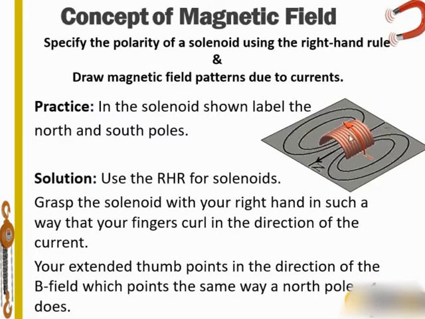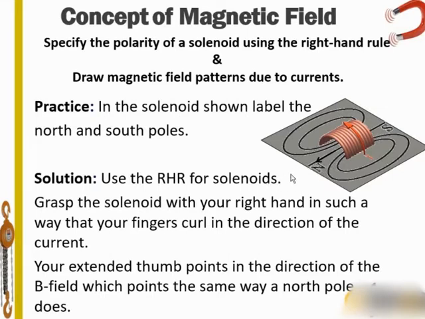Remember the solution to identifying the north or the south pole is to grasp the solenoid with your right hand in such a way that your fingers curl in the direction of the current. Once you've done that, your extended thumb points in the direction of the magnetic field, or the B field. And it points the same way as a north pole would.